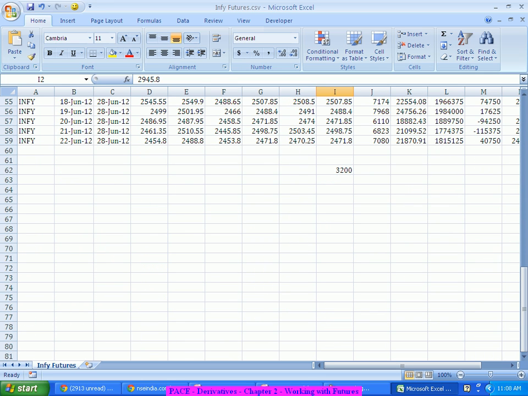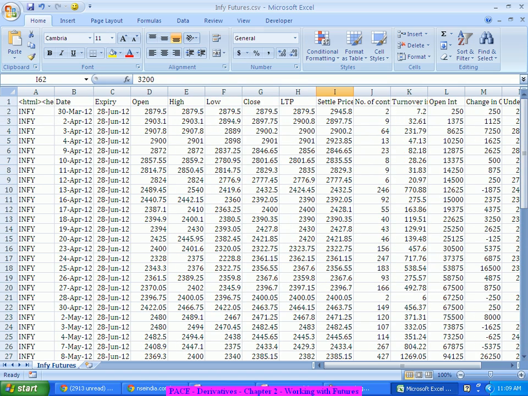What happens is, on the last minute, all these unclosed transactions, or all these open positions, this is what is called an open position. All these open positions are typically closed on that day.